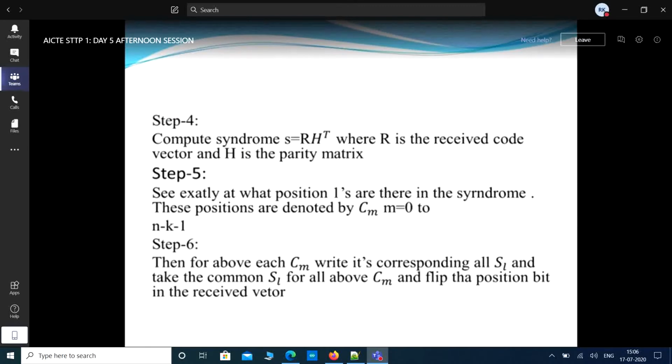The transpose of the parity check matrix is multiplied with the received code word from the channel.